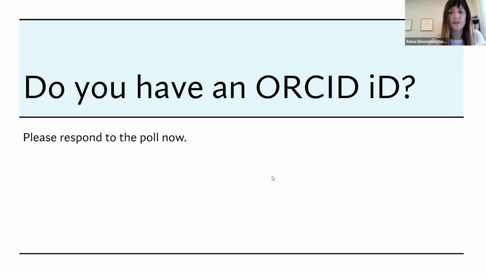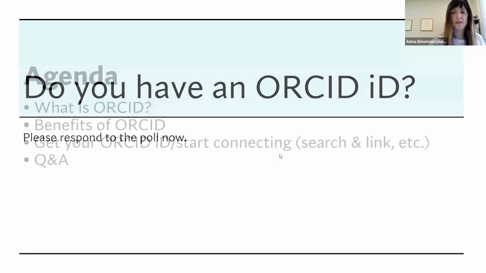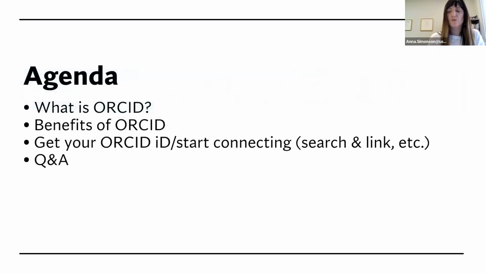Share the results here. Okay. So our agenda today is 3 things. First, we're going to talk about what ORCID is. Then we're going to go over the benefits of ORCID, what ORCID can do for you as a researcher. And lastly, we will help you get your ORCID ID.